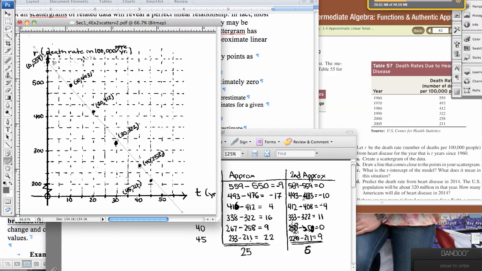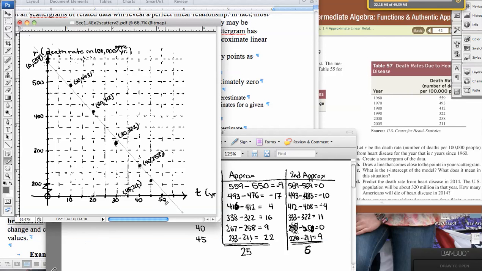So let's look at the t-intercept. My t-intercept, not my r-intercept, my t-intercept down here. It's about halfway between 50 and 55, so it's about 52 and a half. So what does that mean? Well, 52 and a half years after 1960, we'd expect the deaths as a result of heart disease to be 0.